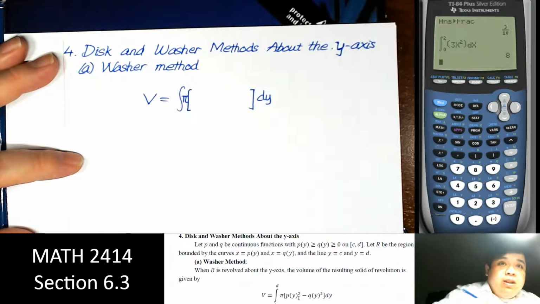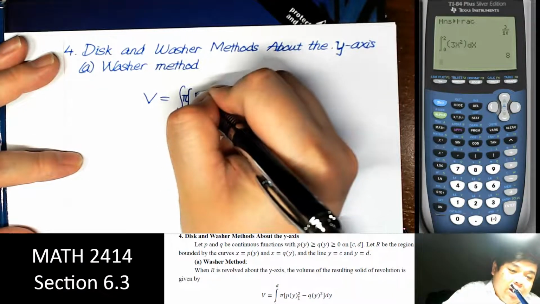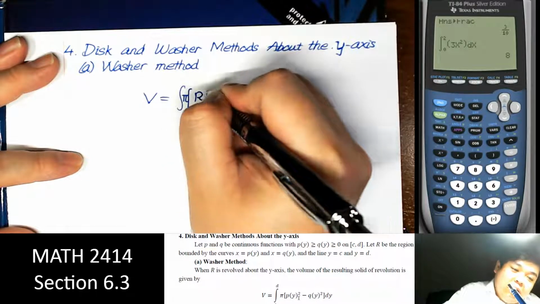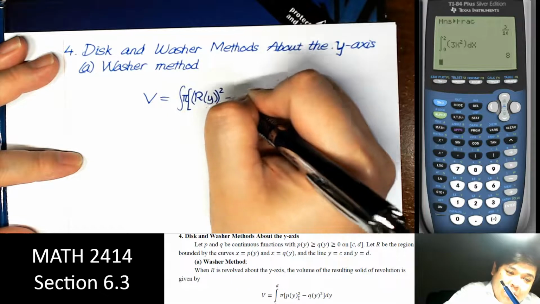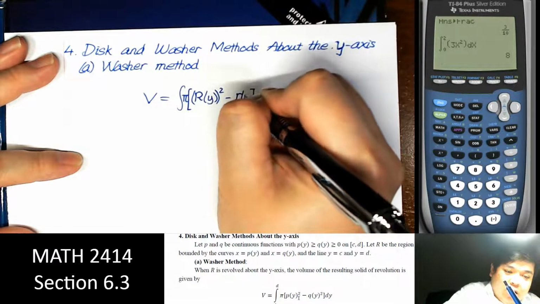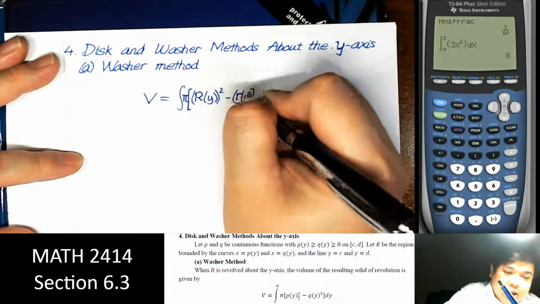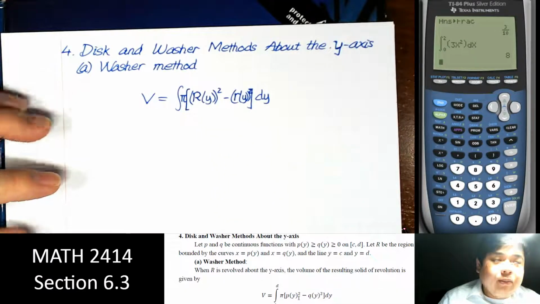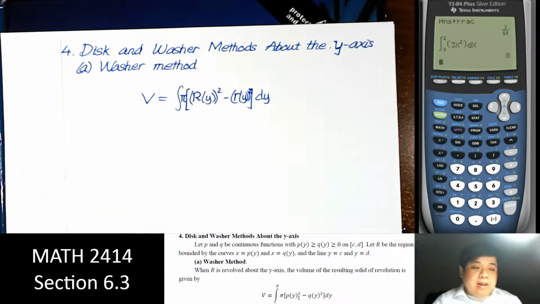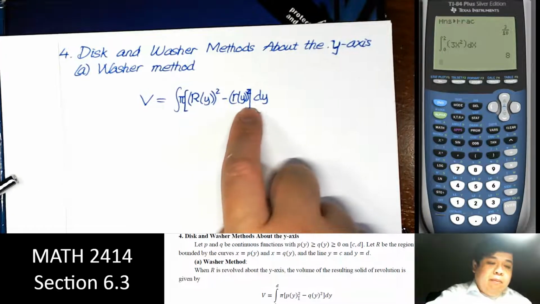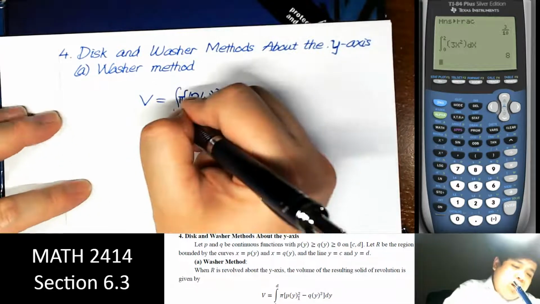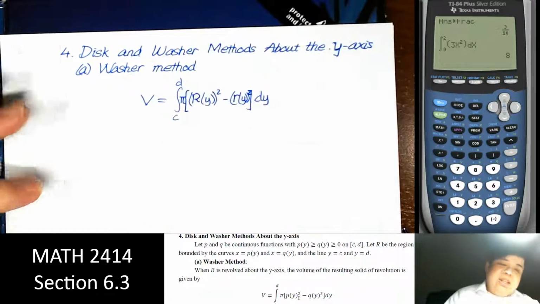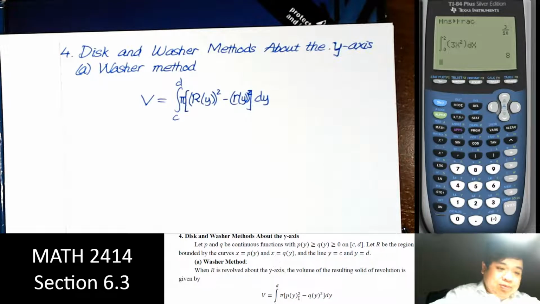And then we have the function r squared, but it has to be in the function of y, minus little r of y squared. Sorry, that's bad. But again, the big radius squared minus the little radius squared in terms of y. Let's put the limit so it's correct. It's easy enough.